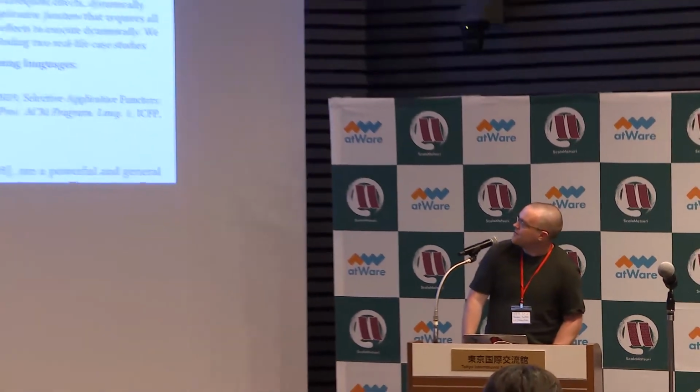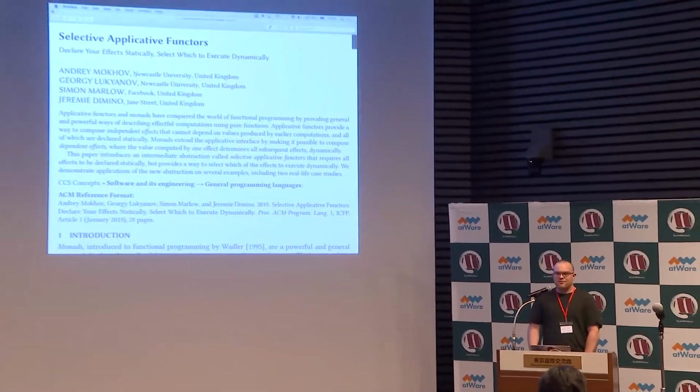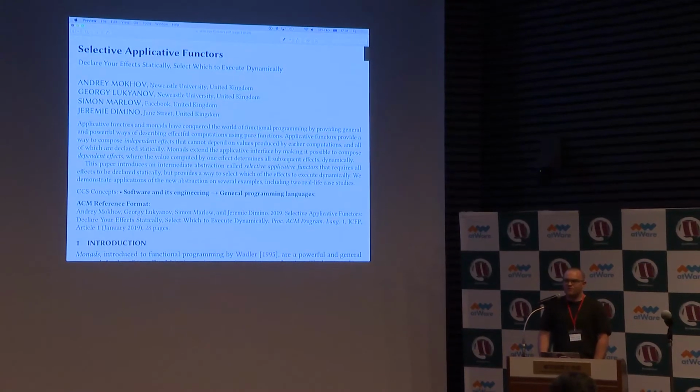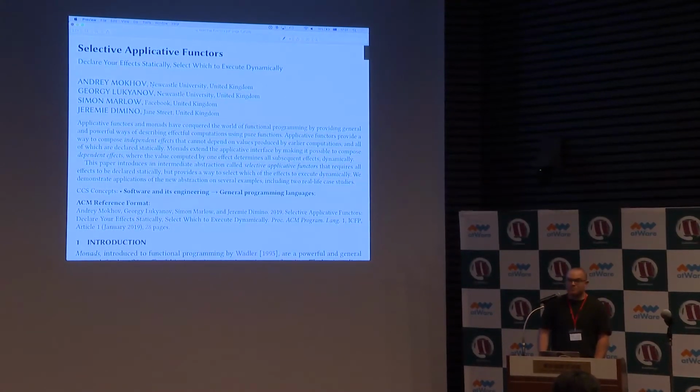So, selective applicative functors are described in this paper called Selective Applicative Functors, which I don't know if it's been accepted yet. I think it might still be under consideration for the International Conference of Functional Programming this year. It's by 4 people whose names you might recognise, who are luminaries in the typed functional programming world, particularly Haskell.